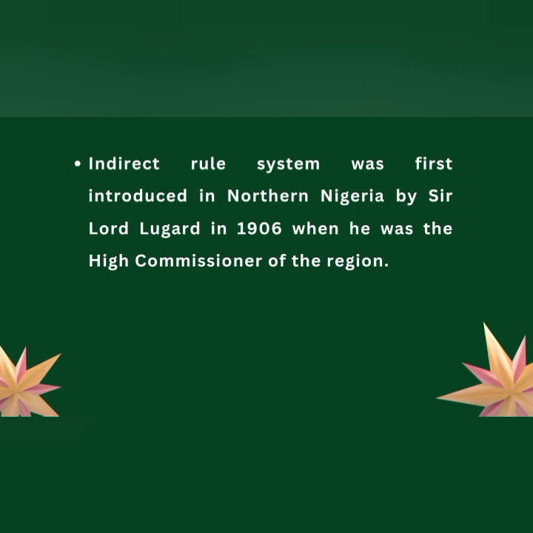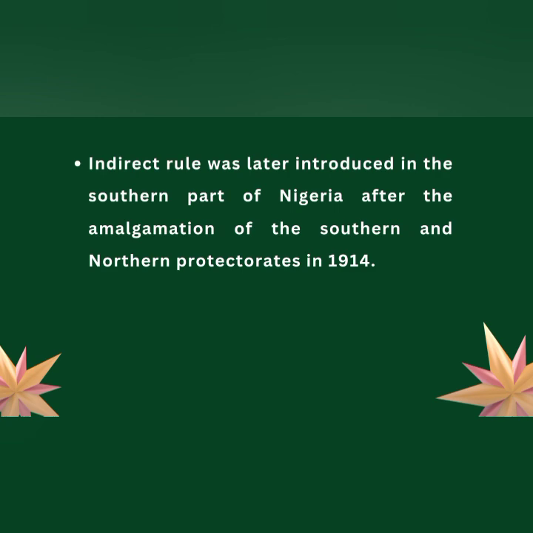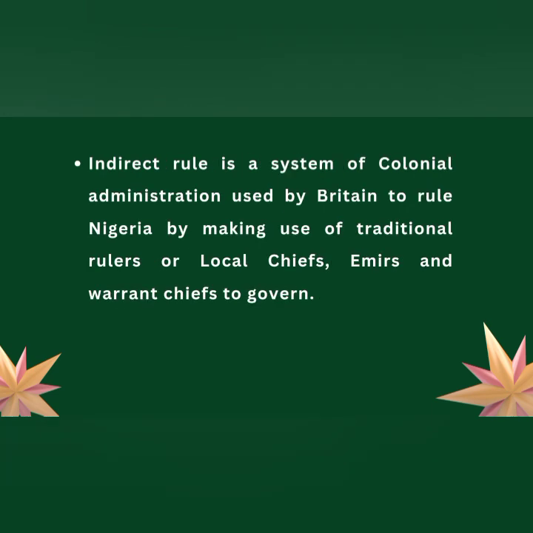So that is that about the topic. In summary, I told you in the course of my explanation that the British system of colonialism or government in Nigeria has to do with the system of government adopted or used by the British to govern Nigeria after Nigeria was conquered by her. And that particular system of government that was adopted by the British to rule Nigeria was the system of indirect rule, in which they appointed the traditional rulers to govern their own people on their behalf.